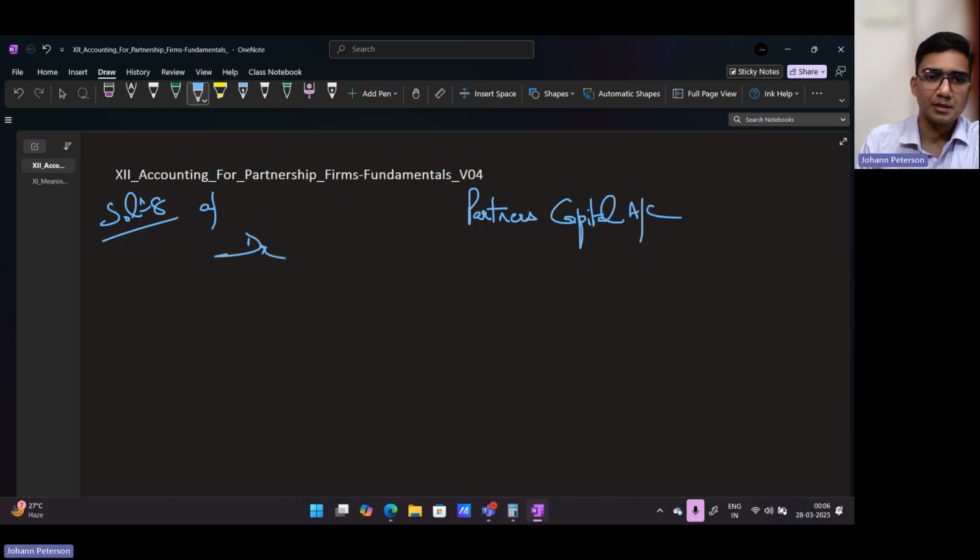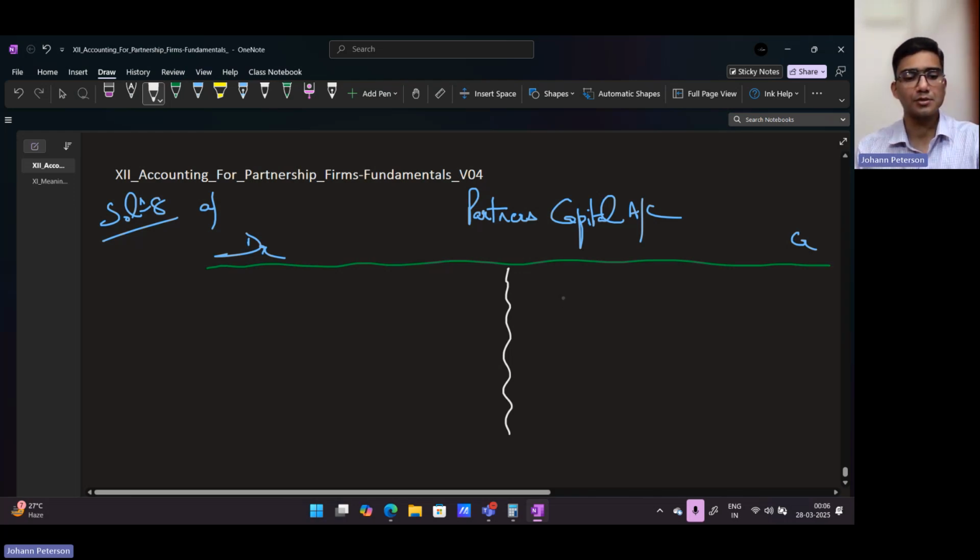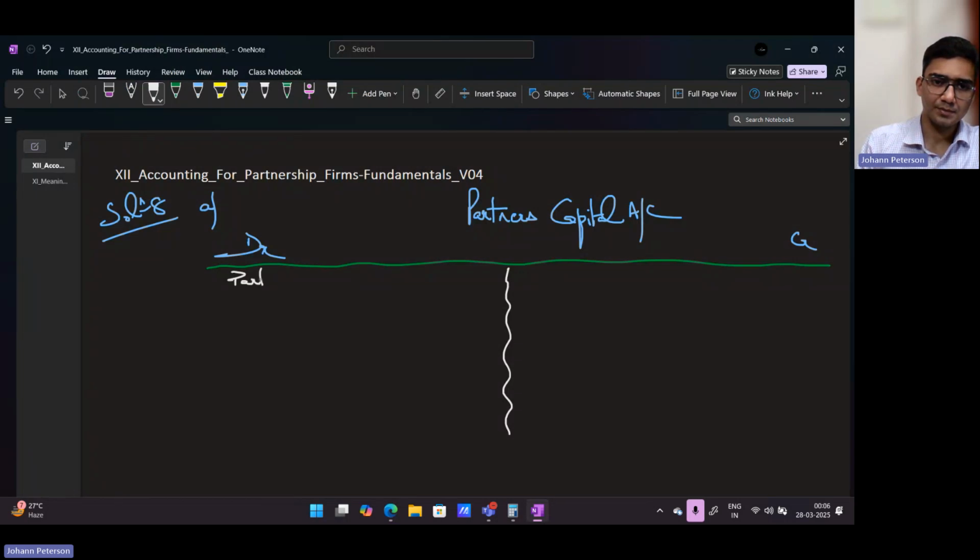You have the debit and the credit. And we have two partners, right? Y and Z. So we will have particulars, Y rupees and Z rupees.